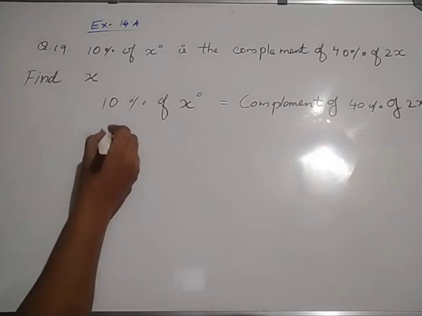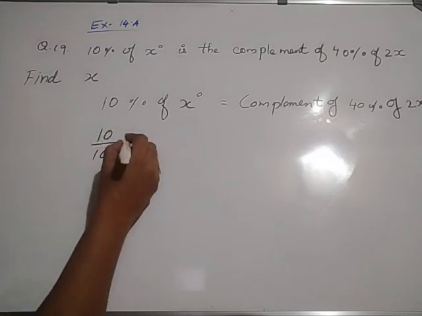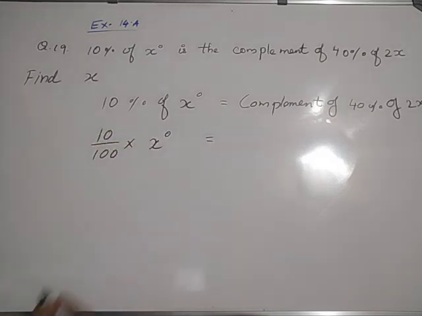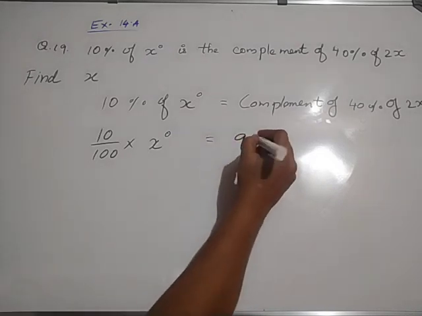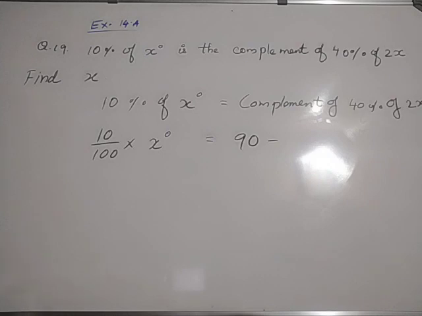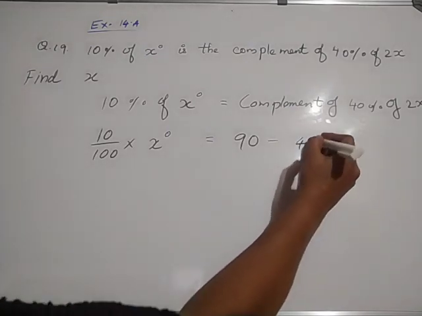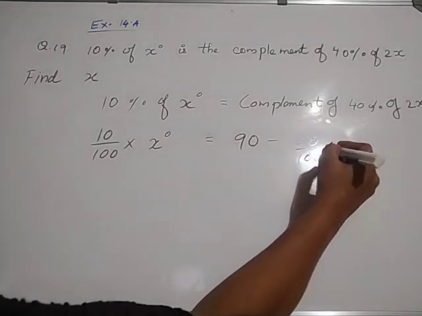That is 10 by 100 into x. Complement, how can we obtain the complement? Yes, 90 minus 40% of 2x. How can we write that? 40 by 100 into 2x.